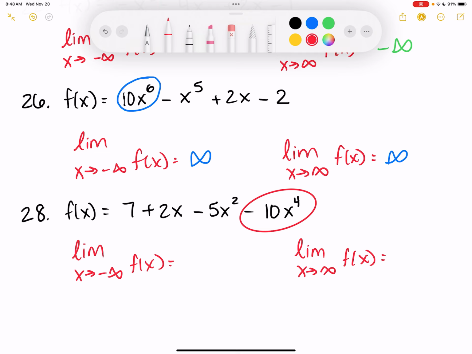And then multiply it by a negative, I get negative. So this one's going to negative infinity. If I take a positive number like 2 and I raise it to the 4th power, obviously stays positive. Multiply it by negative 10, becomes negative, so negative infinity. So even power, same signs down here. Any questions on those ones?